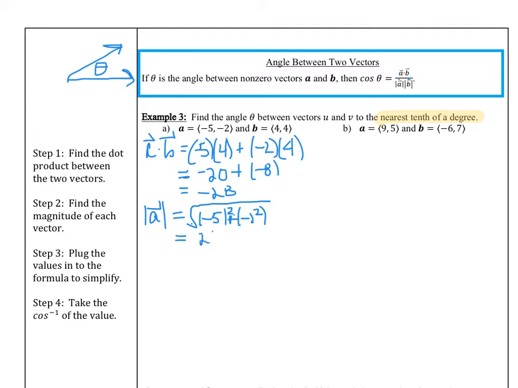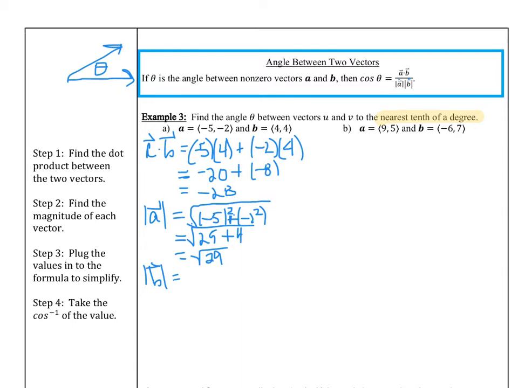So you can always, of course, use a calculator. So I'm going to get square root of 29. And I don't want to take the time to type that in my calculator because I don't need to right now.